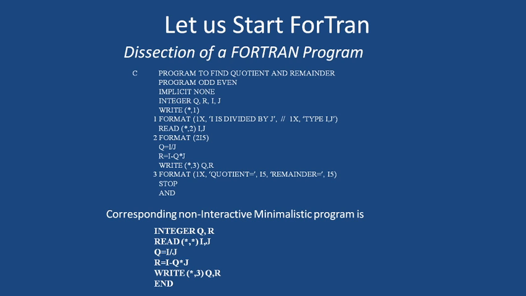If you run both programs, you will understand the difference between the two, and you will know how useful it is to have an interactive program rather than a non-interactive minimalistic program.